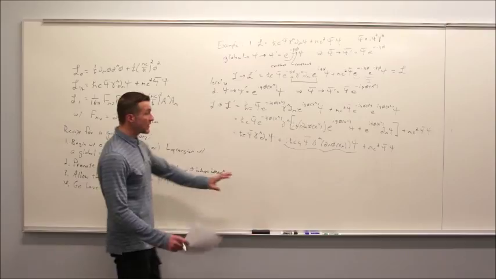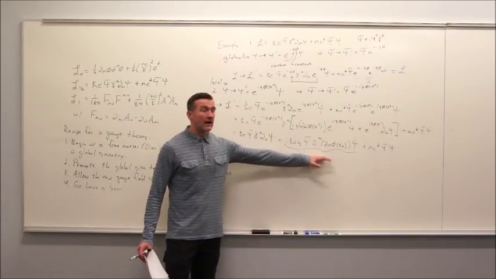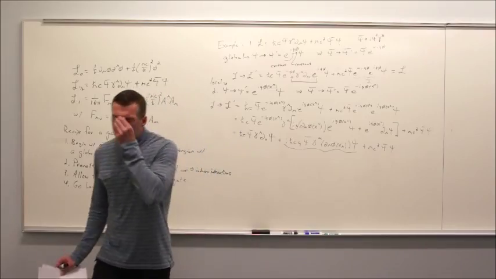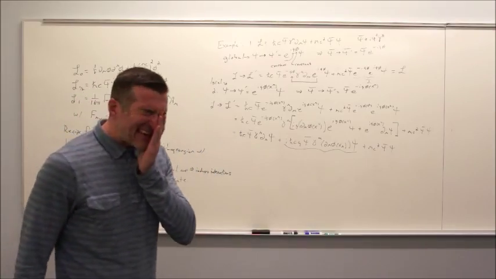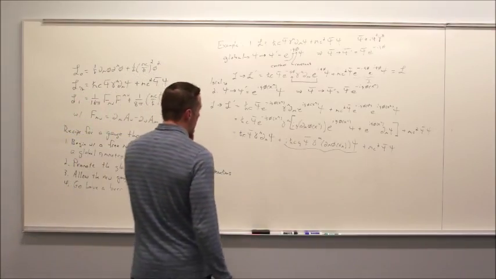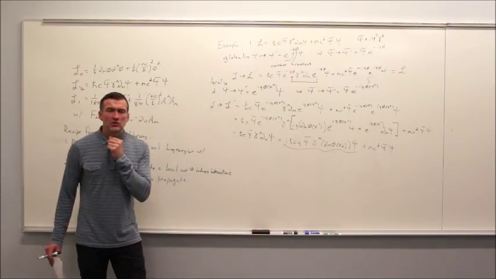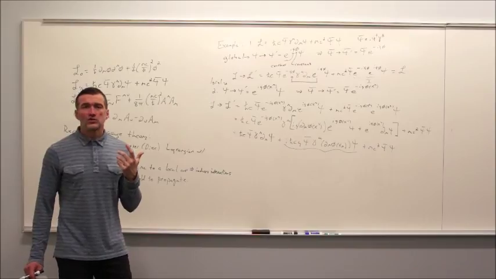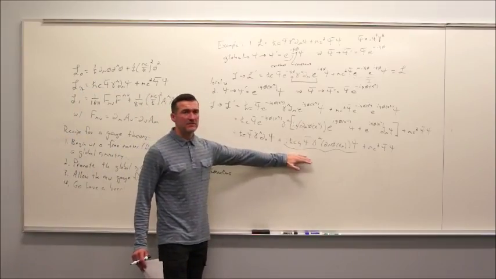Does everybody agree that if this thing weren't there, I would have just gotten back what I started with? Okay, so the philosophy of making this work is to add something to the story which will essentially cancel this piece off.